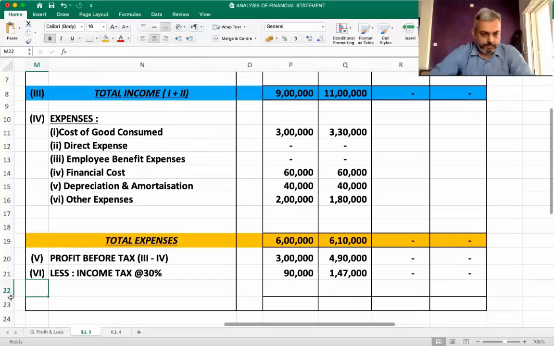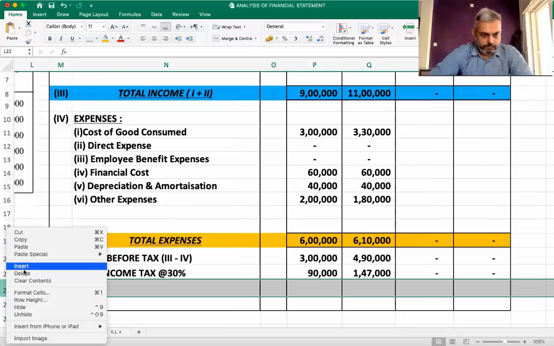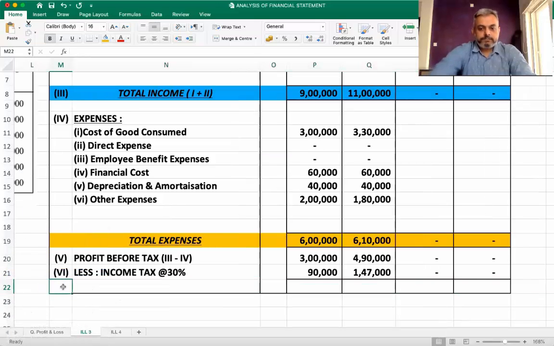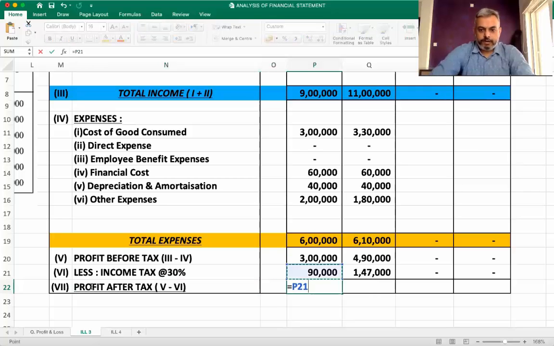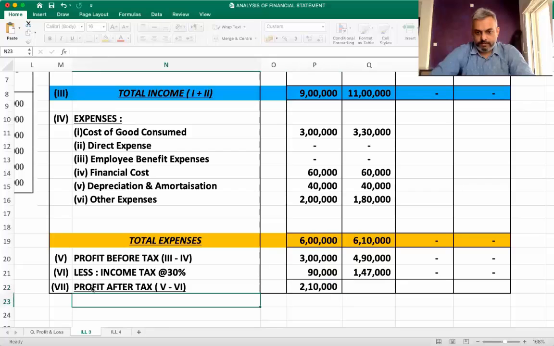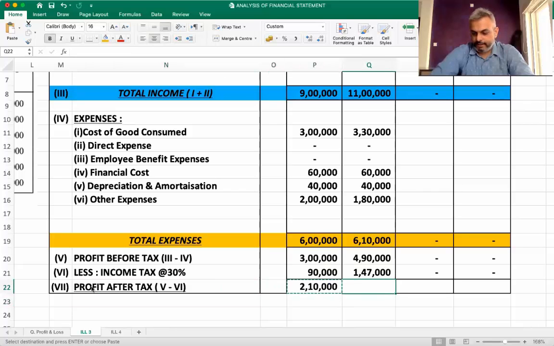So finally, seven, profit after tax is 5 minus 6. So 3 lakh minus 90,000, 2 lakh 10,000.